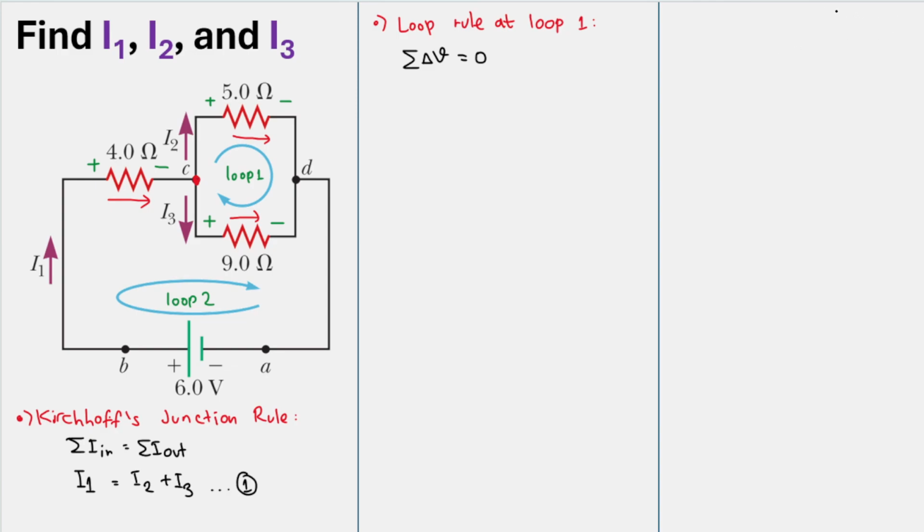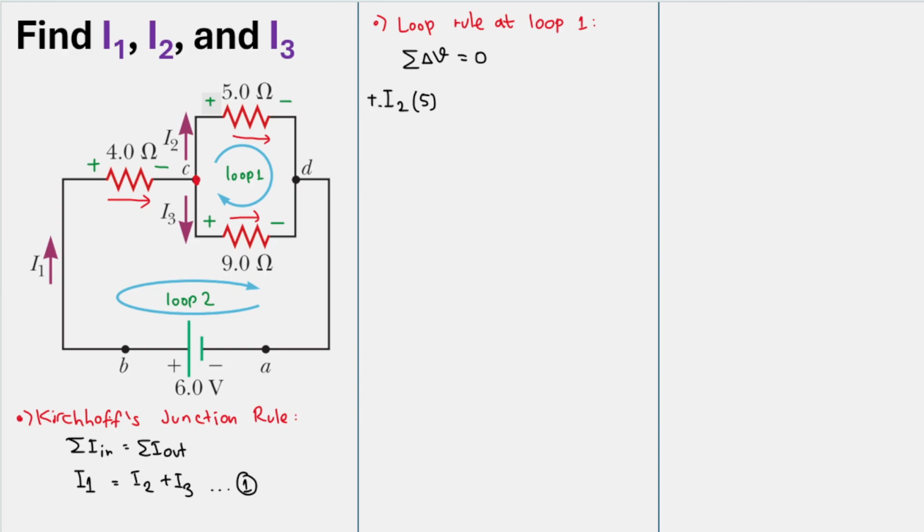Remember Ohm's law, right? So we will have this one. The first one is I2 multiplied by the resistance, so 5. But here the loop is entering from the positive side, so this one will be plus.